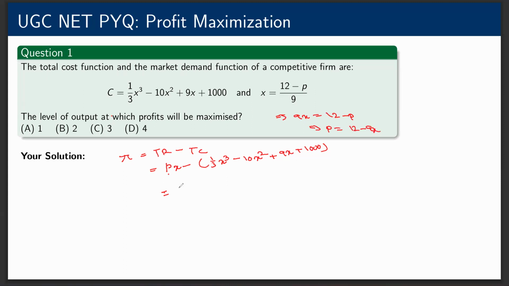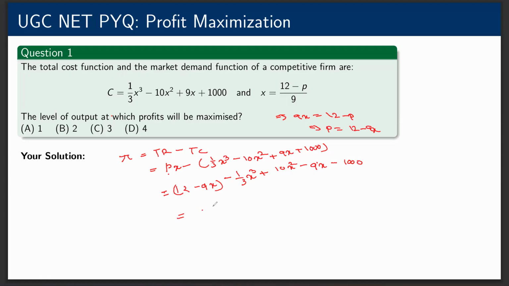Clear? Simply write in terms of P. You write 12 minus 9x. For me, handwriting is understood. It is out of my control now. Minus 1 by 3 x cube plus 10x square minus 9x, then minus 1000. Okay, so just solve it.